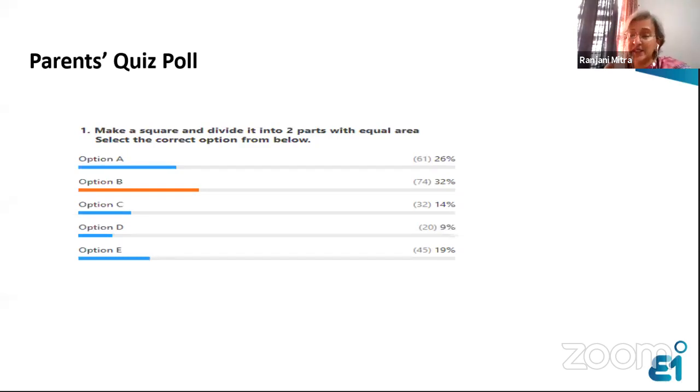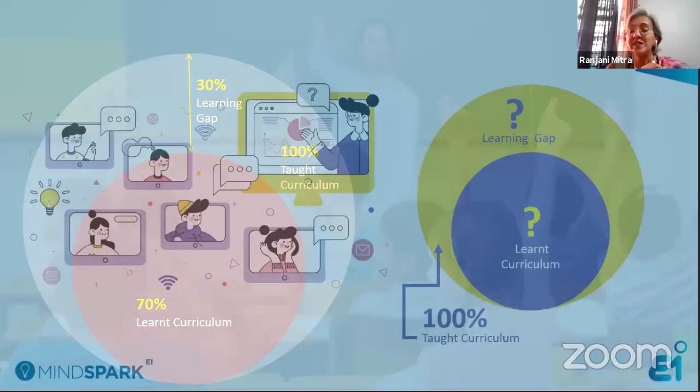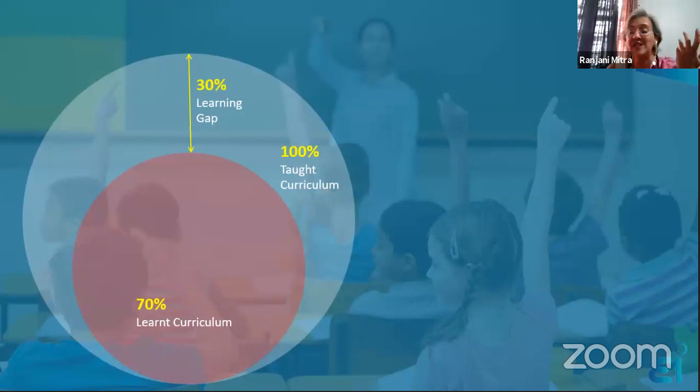This happens because in my entire teaching experience, in a classroom, the teacher student ratio would be like 1:30, 1:35 maybe, and maybe 1:40. And what I realized was that in spite of my best efforts and planning the session completely, 100% curriculum I taught, but the learned curriculum was only 70%.